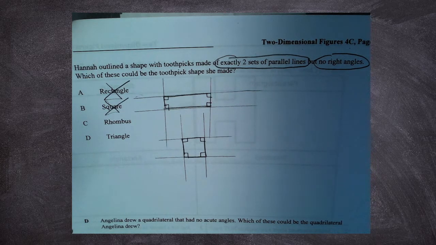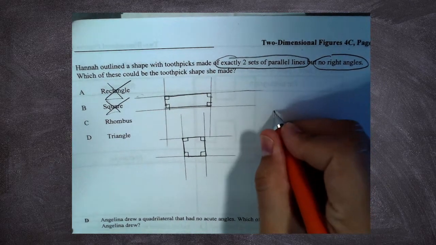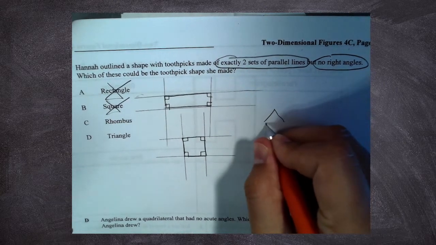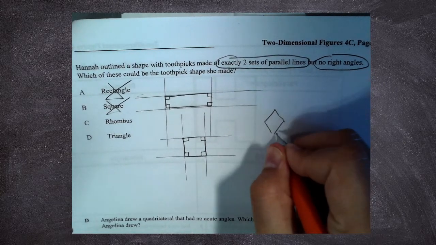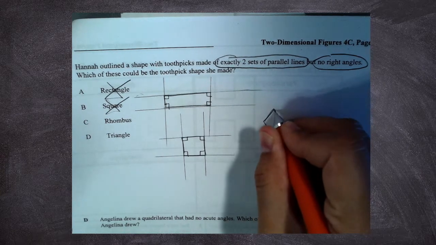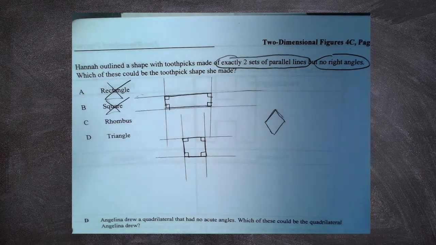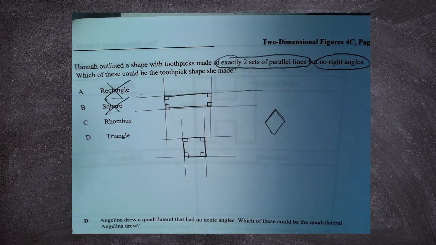A rhombus. Okay, let's try a rhombus. Okay, I've got a rhombus now. Let's see about the parallel sides.